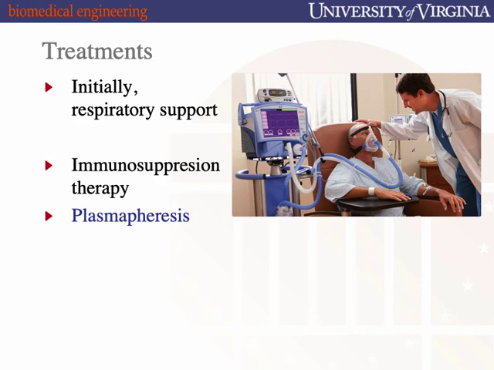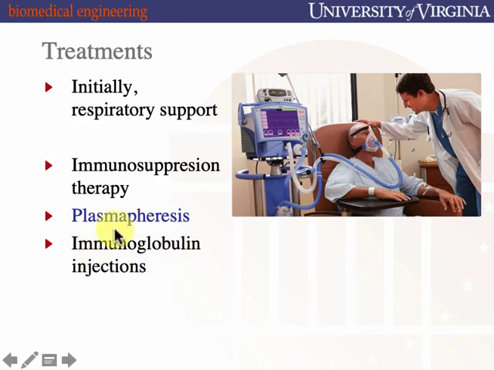And so it's a lot easier, and there are a lot of groups funding blood volume mimetics and development of plasma-like products, and they're used for this. And so if I can get rid of those antibodies, then presumably I can get rid of the response. I can also give immunoglobulin injections to try to inhibit those autoantibodies as well.